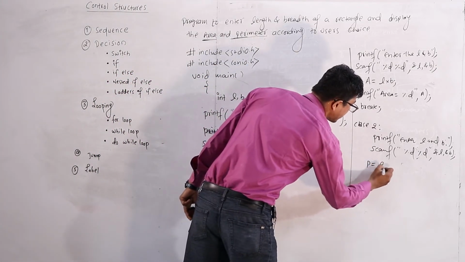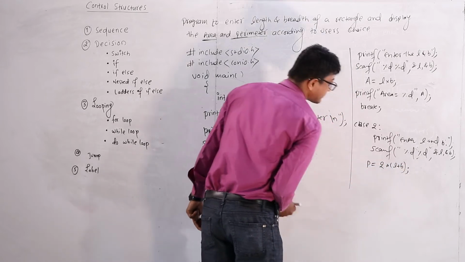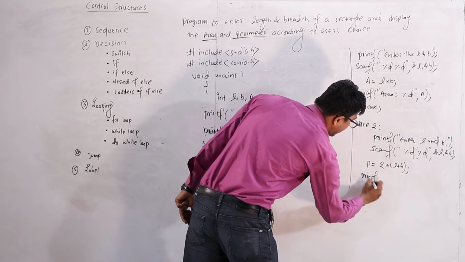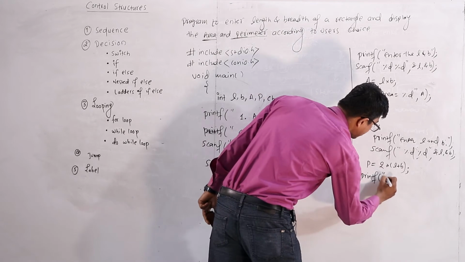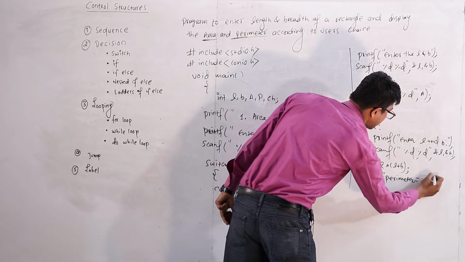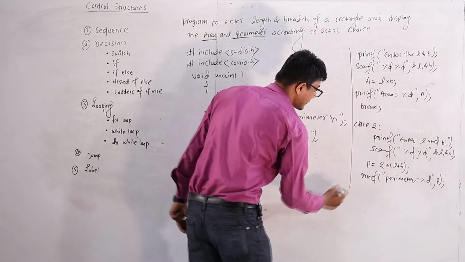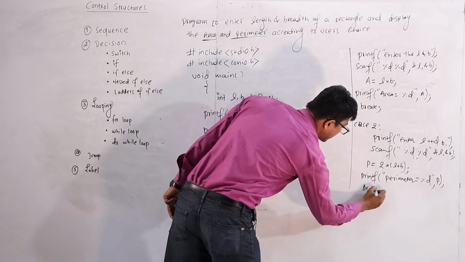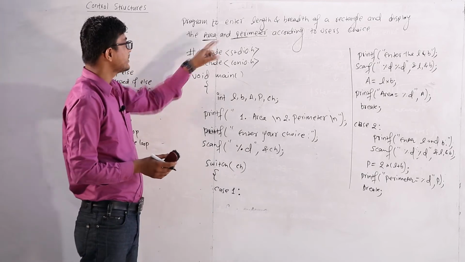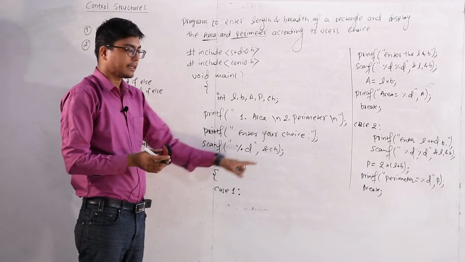Perimeter P equal to 2 into (L plus B). Printf "perimeter is equal to %d", P. Break. Now we have only two cases because we have to find out area and perimeter, in case 1 and case 2.